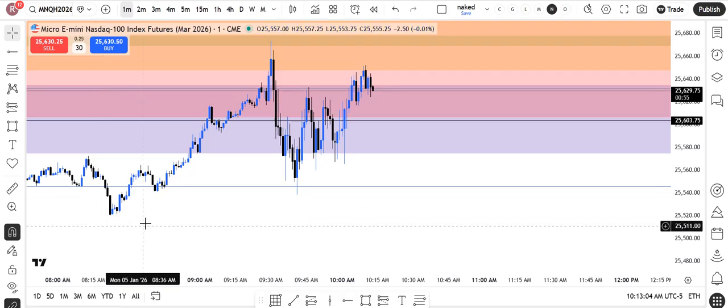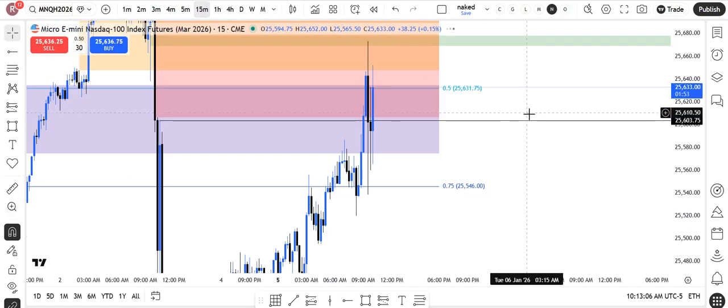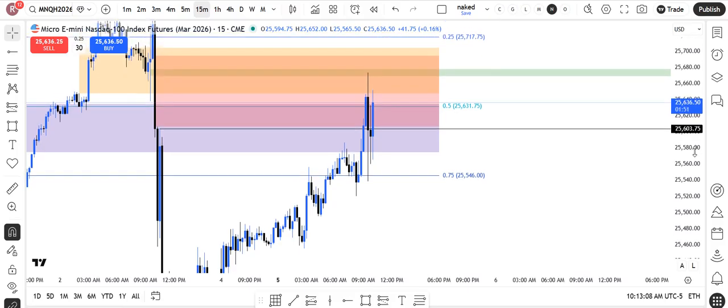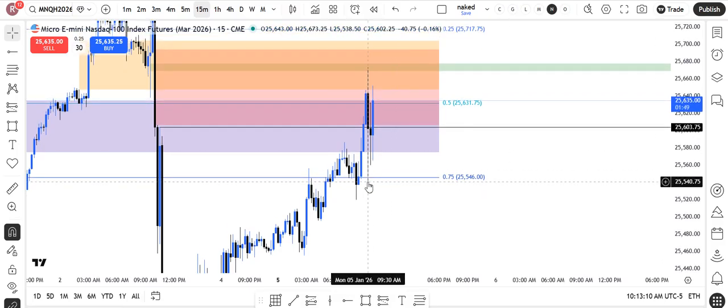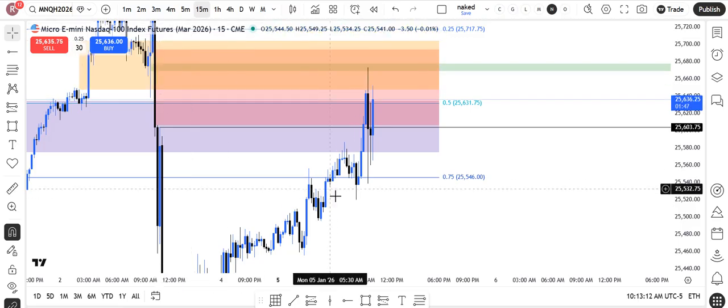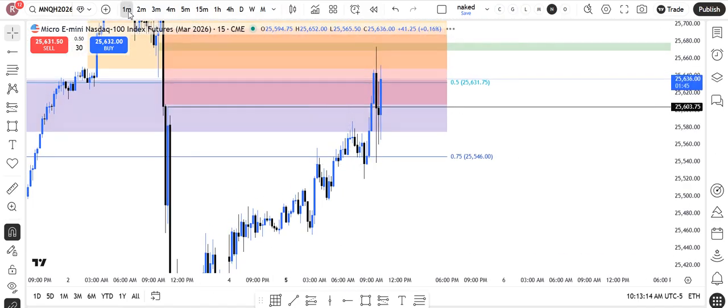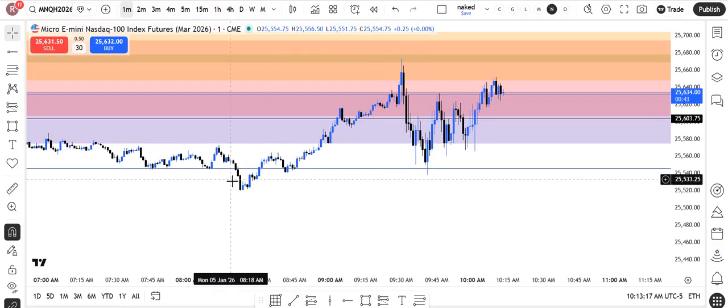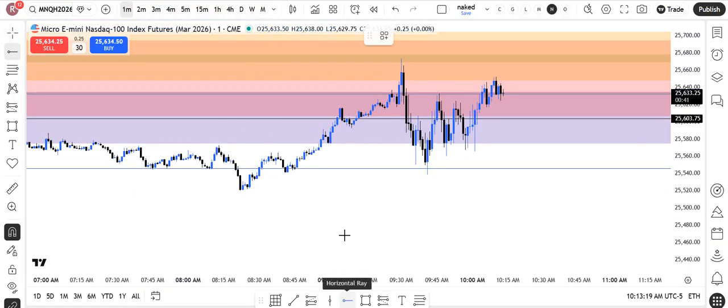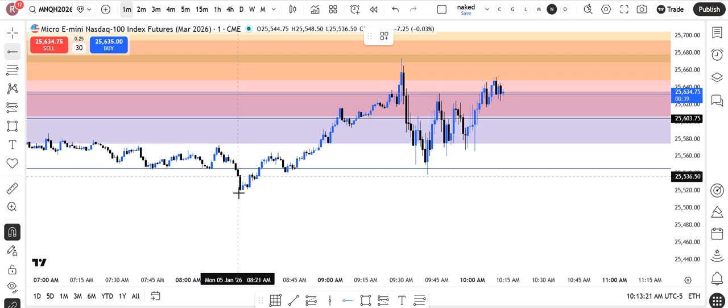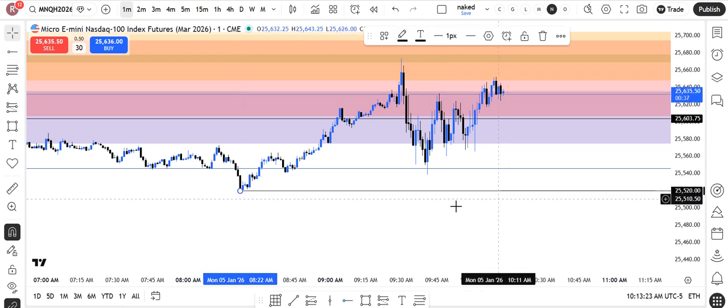And if it gets down here, how much lower can it go? Let me see. Yeah, we said right there. So where's this low? This low is right there.